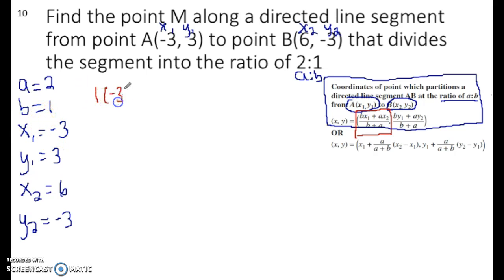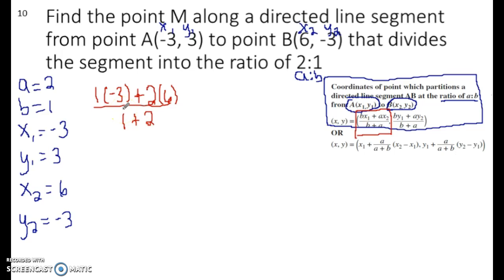So 1 times -3. Then it says a times x2. My a is 2, my x2 is 6. So I'm going to do 2 times 6. And then all over b plus a, so 1 plus 2. That's going to give me the x coordinate.